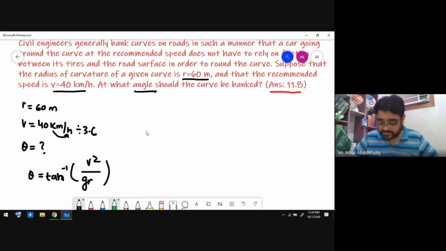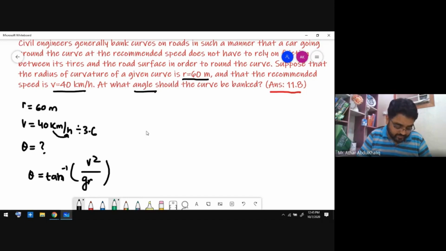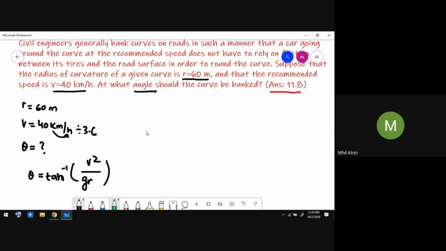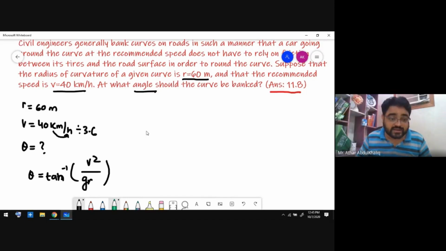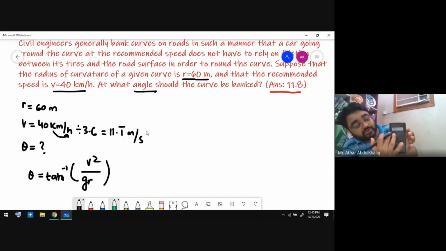So you will write 11.1 bar meters per second because it continues. And on the calculator, don't erase this.